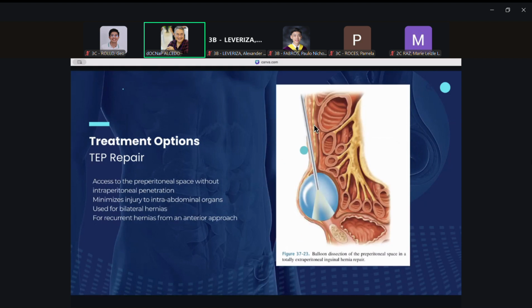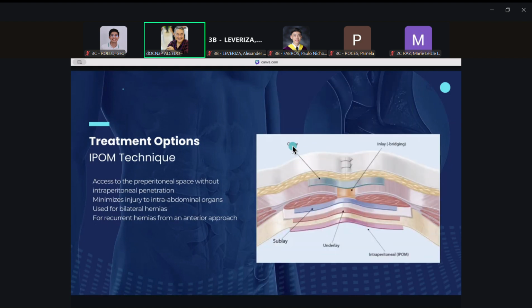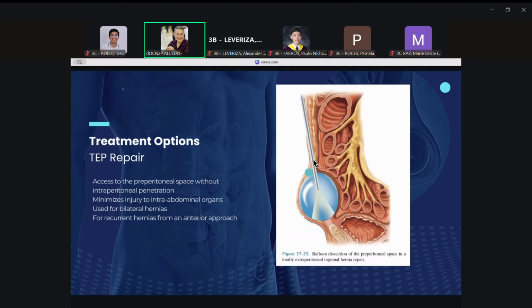And of course, with the TEP repair here, you insert an instrument with a dilator to create a space anteriorly but without entering the abdominal cavity, no? So this is extraperitoneal. This is the preperitoneal space. This is what you dilate, make a space so you can perform it safely.